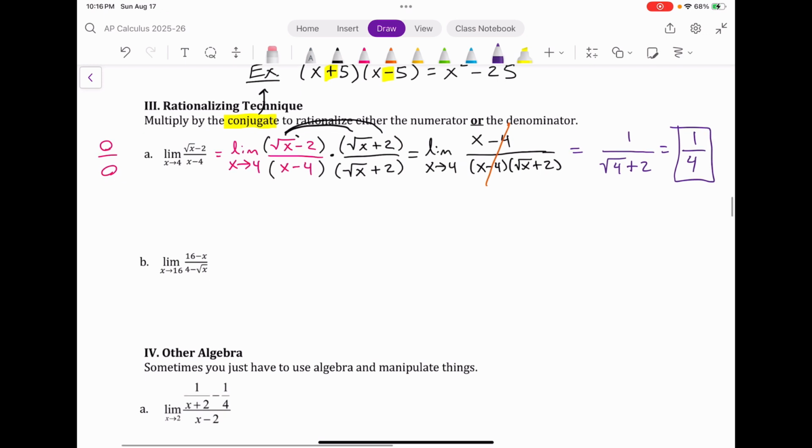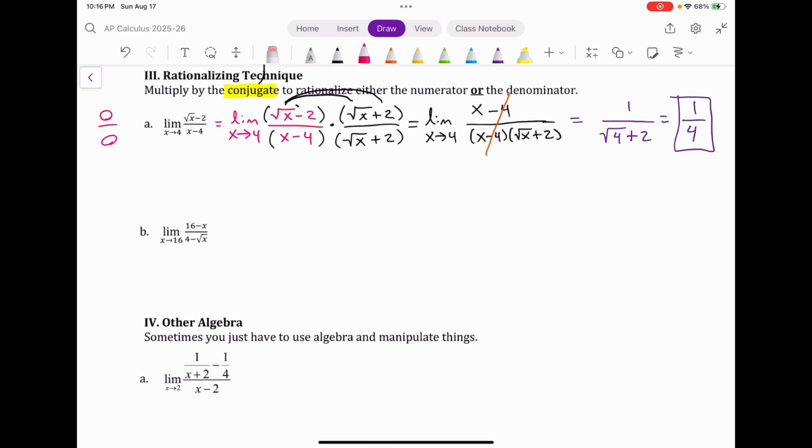Alright, so on the next example, we still try to plug in the value we're approaching, 16, through direct substitution. We'll get 0 over 0, so that's not a surprise. But now it allows us to go further with algebra. So we're going to multiply, this time, the denominator by the conjugate.